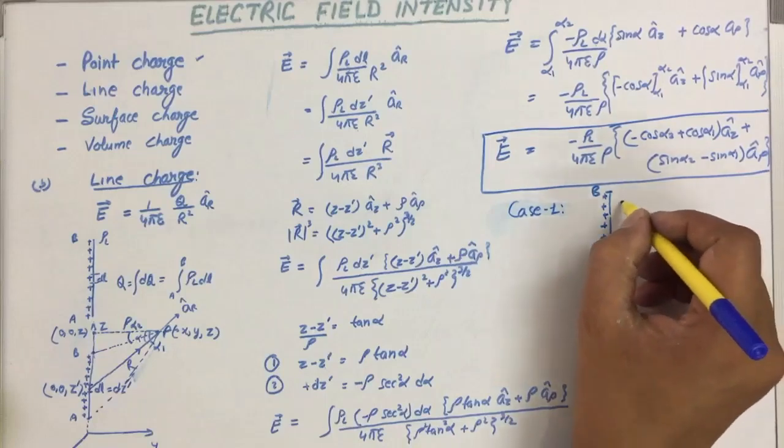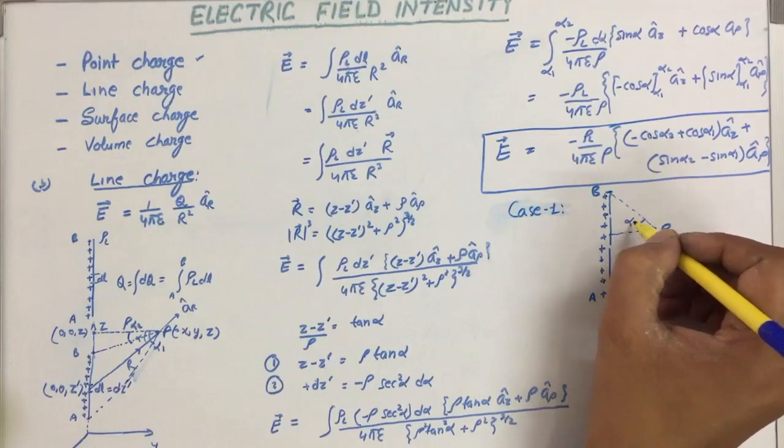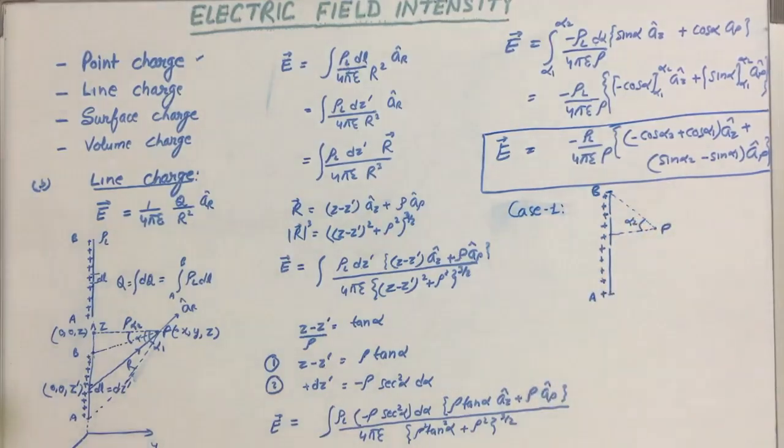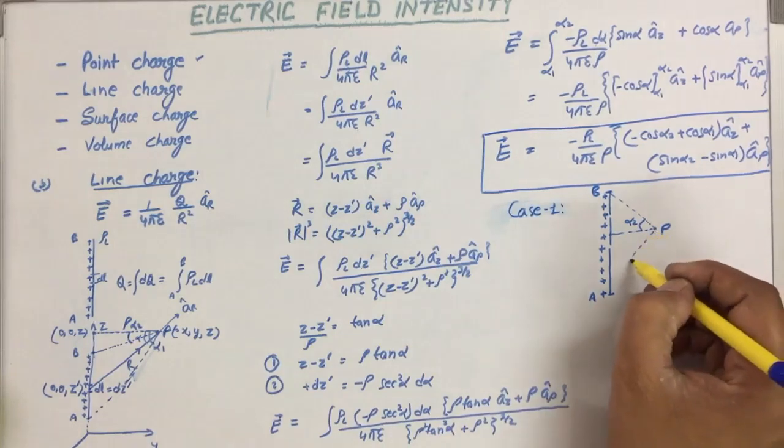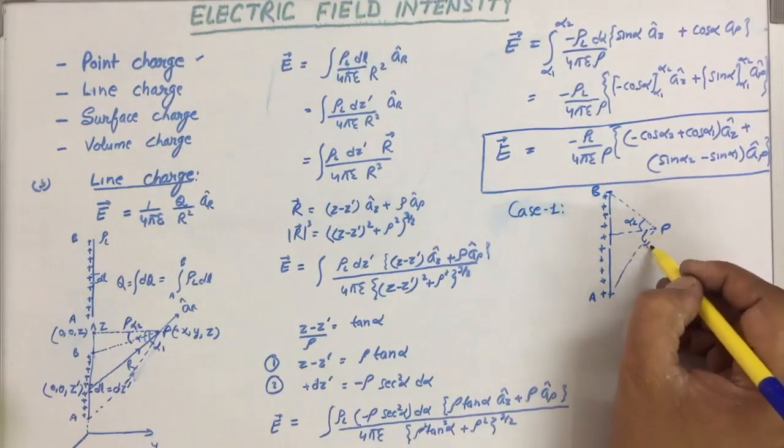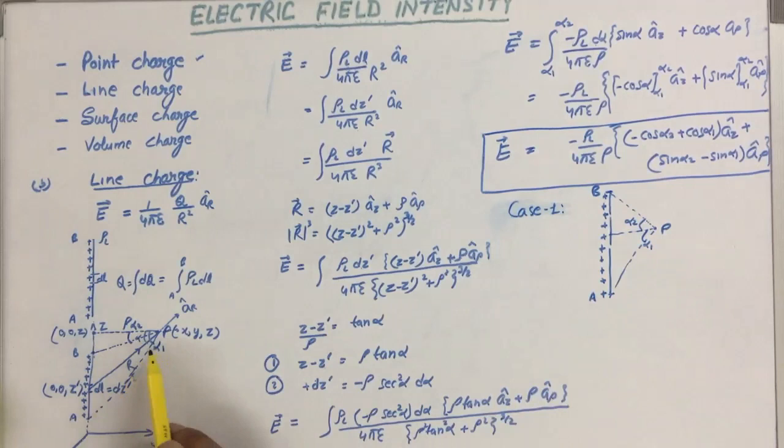This is alpha 2, and this is alpha 1. From here we can say from this point to one end is alpha 1, from this point to the other end is alpha 2.